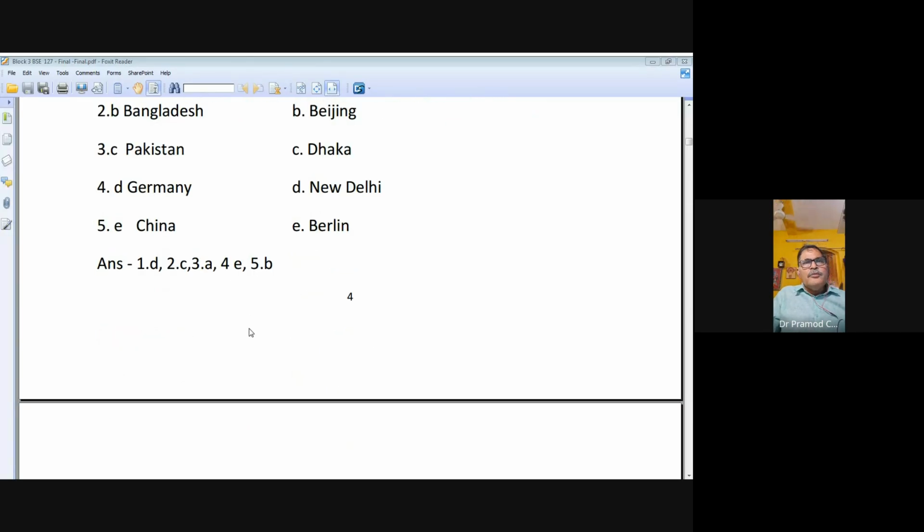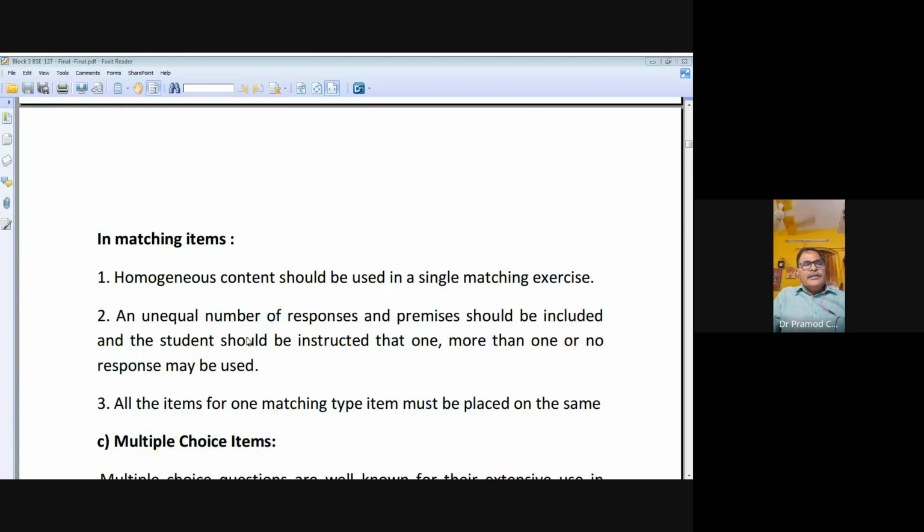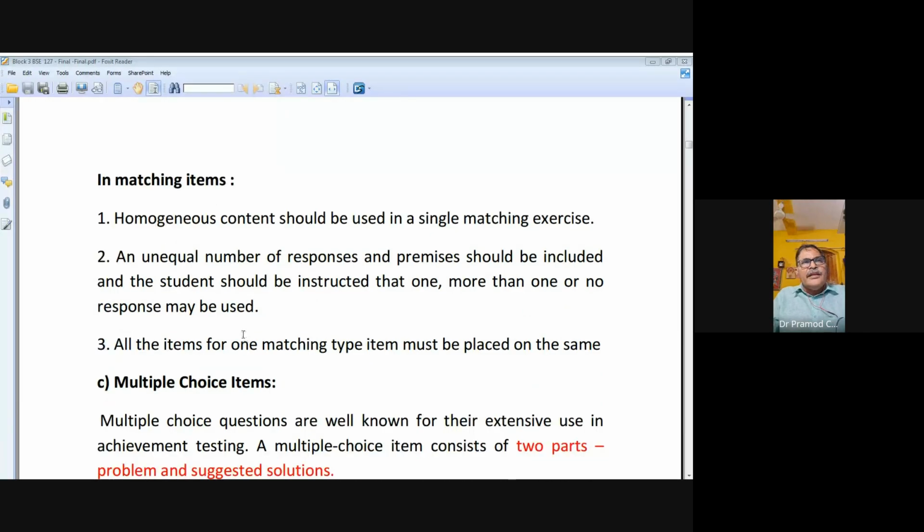Suppose India is there, capital India capital is New Delhi, then automatically you will have to give the answer like this. But when we are saying that it is known as the matching the items, matching the item column 1 and column 2, but when we are preparing the question at that time we must have to think in our mind that homogeneous content should be there.